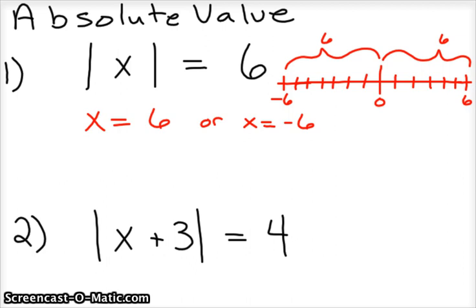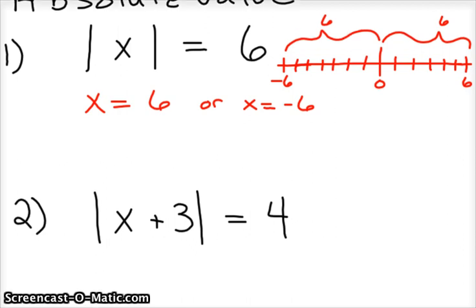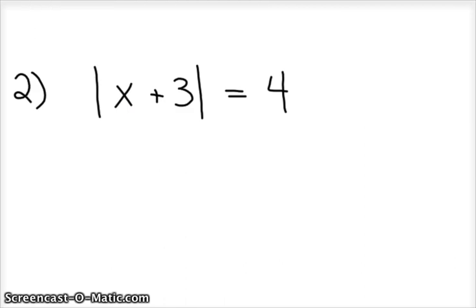Now if you look at the bottom one, it gets a little trickier. With the bottom one, we want to do a similar thing. This absolute value part is saying that we are 4 units on either side of 0 for right now. And so we've really got two solutions.